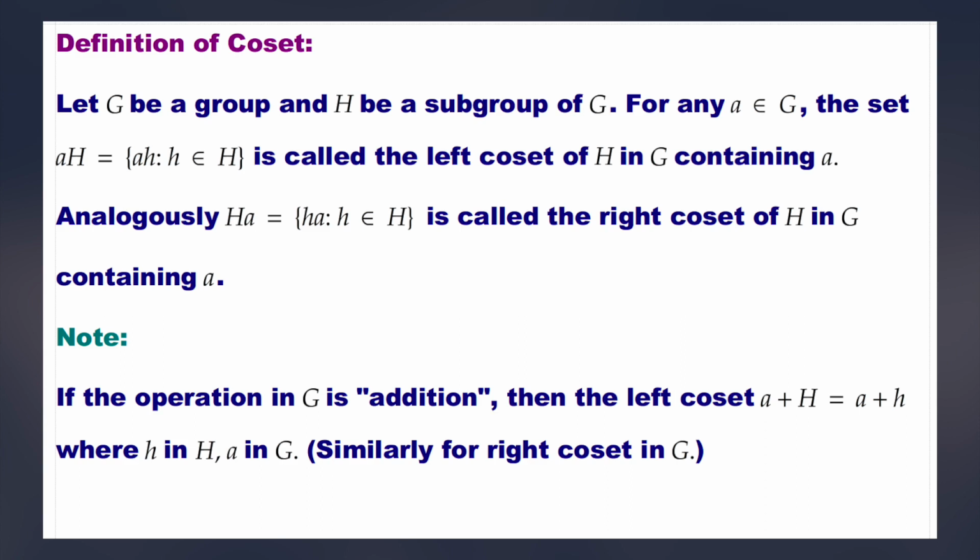Analogously, Ha, equal to the set of ha such that h in H, is called the right coset of H in G containing a. Here the note is, if the operation in G is addition, then the left coset a plus H is equal to a plus h, where h in H, a in G. Similarly, for right coset in G.